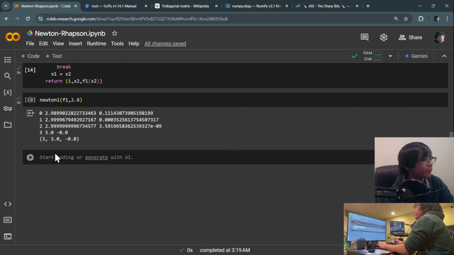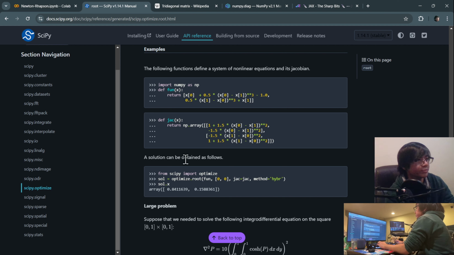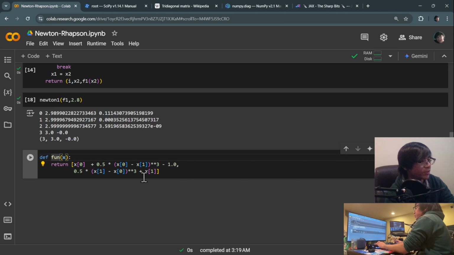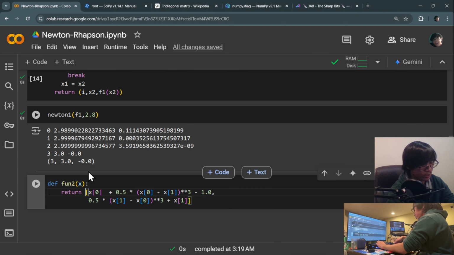Perfect. So now we just start our example. So actually, I think I can just copy paste this. So we already have the import. We will want to change our function. So function 2 perhaps. And remember, x is now a variable. We'll keep the arrays here, again, it'll be referencing x1, x2. However, we'll also need to change this to a jnp array because we will be using that jax.jacobian.